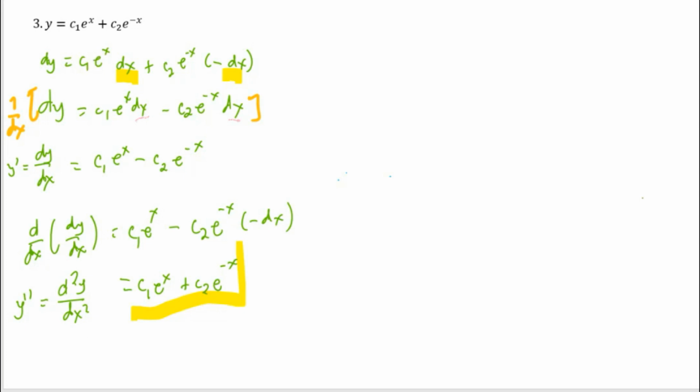So we could write here y double prime, instead of writing d squared y over dx squared, and on the right hand side, c sub 1 of e raised to x plus c sub 2 of e raised to negative x is just equal to y. Then equating that to 0, the final answer is y double prime minus y is equal to 0. And this is now the final answer.